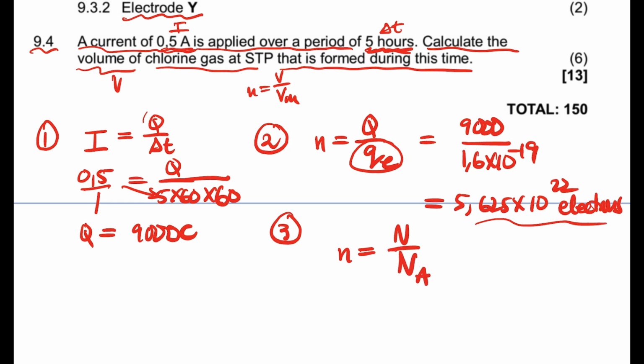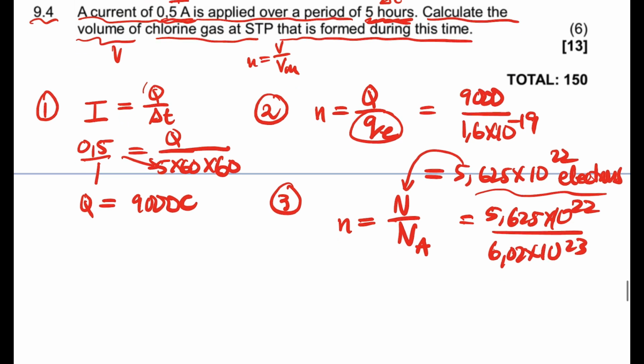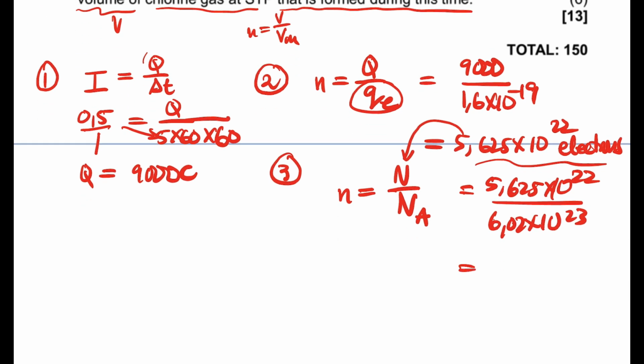We take these electrons, 5.625 times 10 to the power 22, and divide by 6.02 times 10 to the power 23. So the answer will be 0.093 mole. This is the mole of electrons, right?